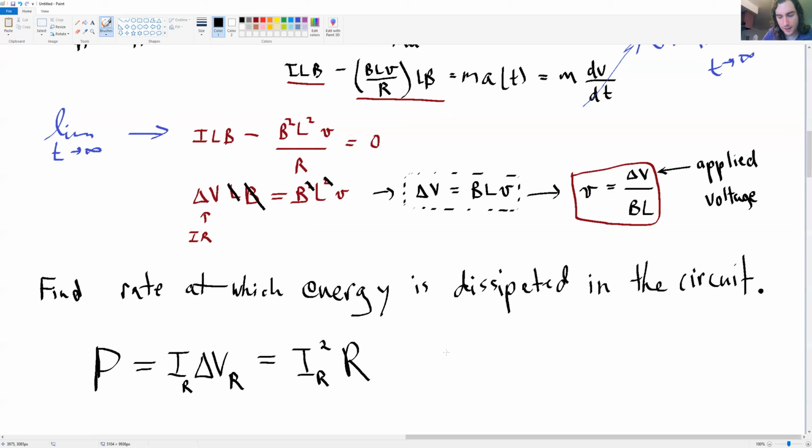So what they want you to calculate here is the power dissipated by the resistor due to the current supplied by the source.